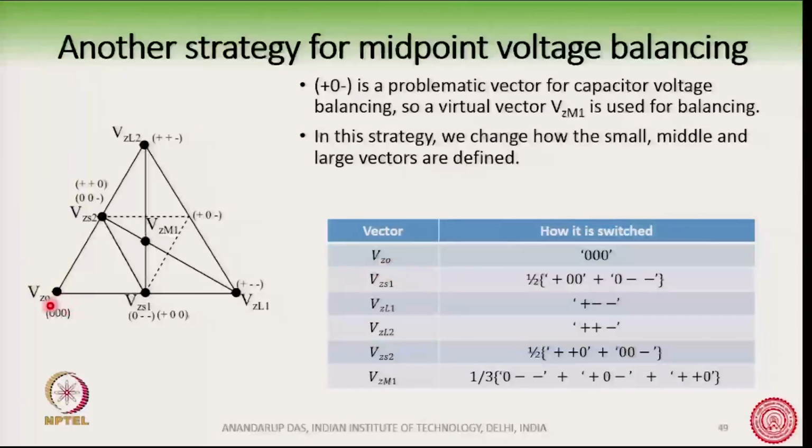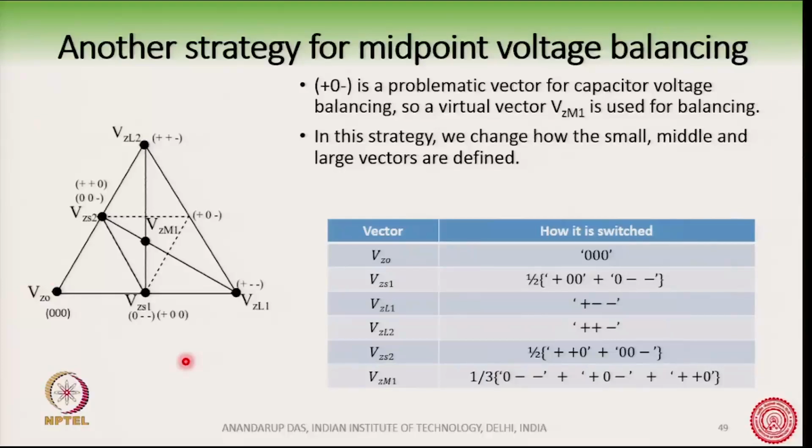Vz0 is this vector which is switched with 0 0 0 combination, plain and simple. In this strategy we are not going to use plus plus plus or minus minus minus. So, we are going to use the Vz0 with 0 0 0 and indicate the Vz0 here.